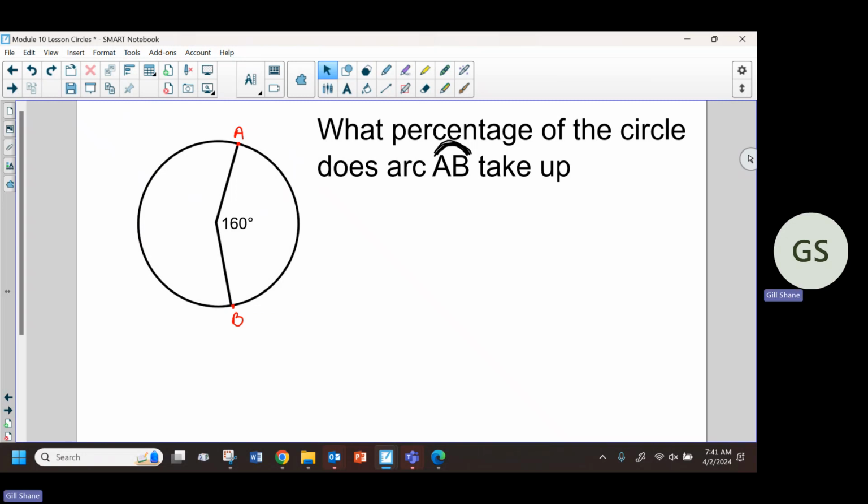This is like the basic part or the core concept you've gotta have down. If you don't have that down, you're gonna struggle on anything else that we do on circles. A central angle, the first concept we're gonna leave on. What is the first concept about that? So what about the arc?